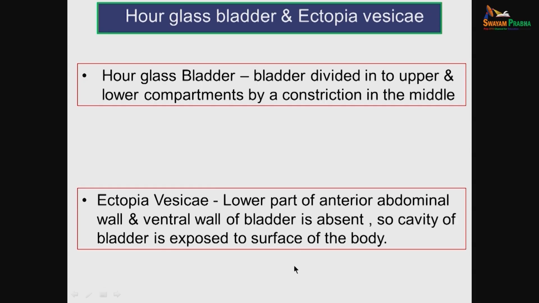So this condition is called ectopia vesicae. This is because of the ventral body wall failing to close in the region of the lower abdominal wall and pelvic region. This is called ectopia vesicae.